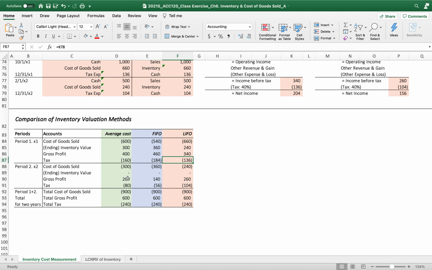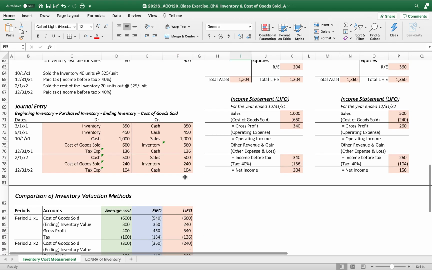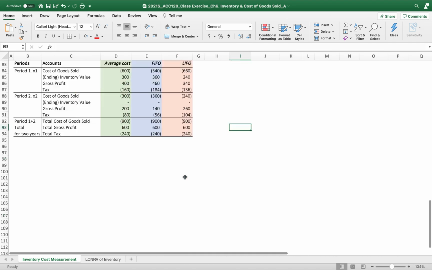That means the gross profit of the second year is greater than others, so under LIFO the company can recognize the profit later. Okay, this is the LIFO reserve. But the tax amount in the second year is higher than others. Okay, so that's it.